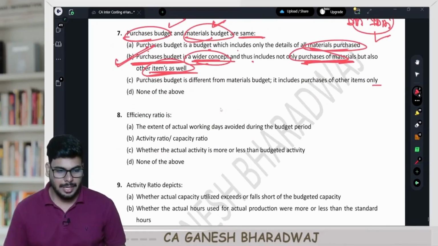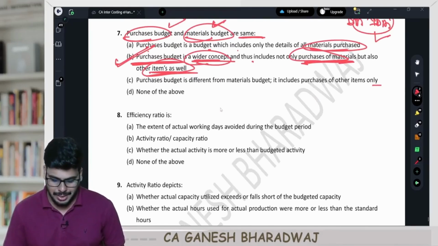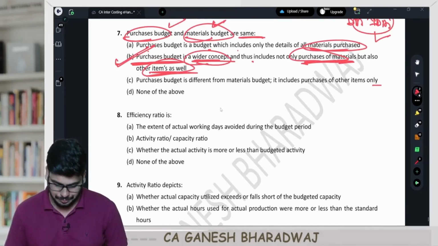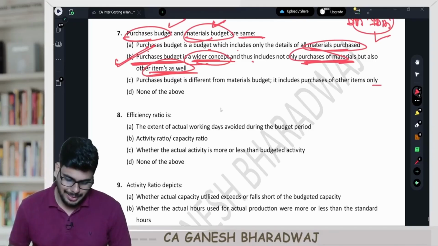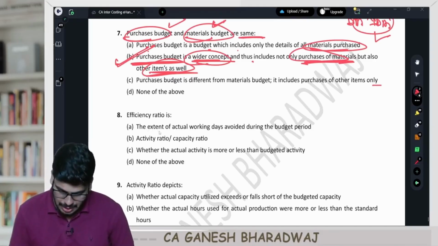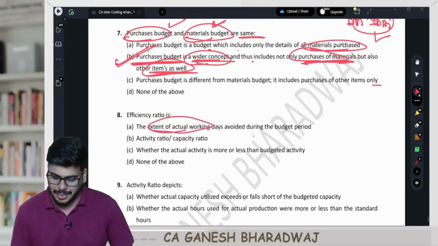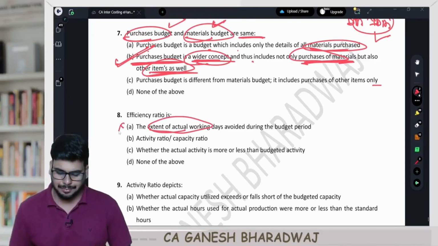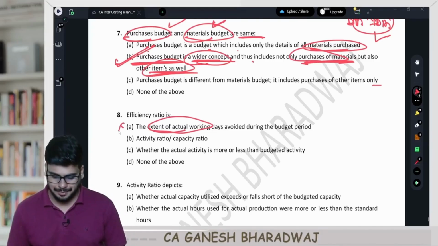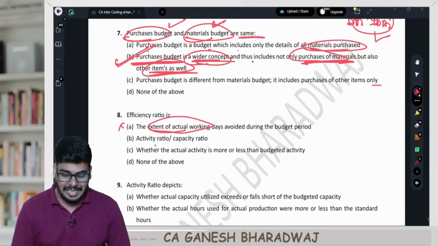Right? Next, efficiency ratio. Efficiency ratio is number one, the extent of actual working days avoided due to budget. Is it so? No, this is calendar ratio. Guys, correct? Right? It is activity ratio or capacity ratio. We'll come to it.